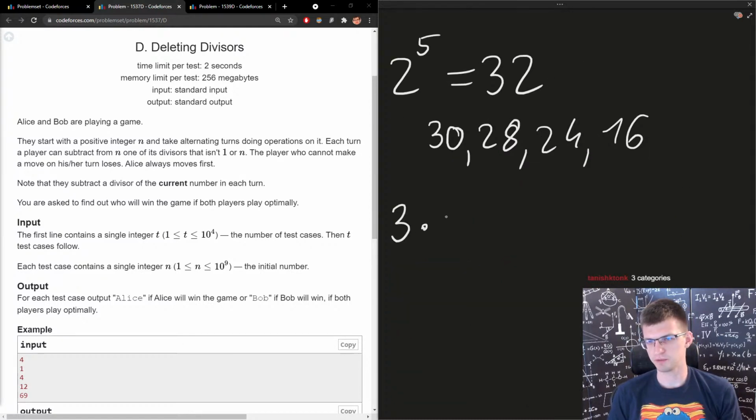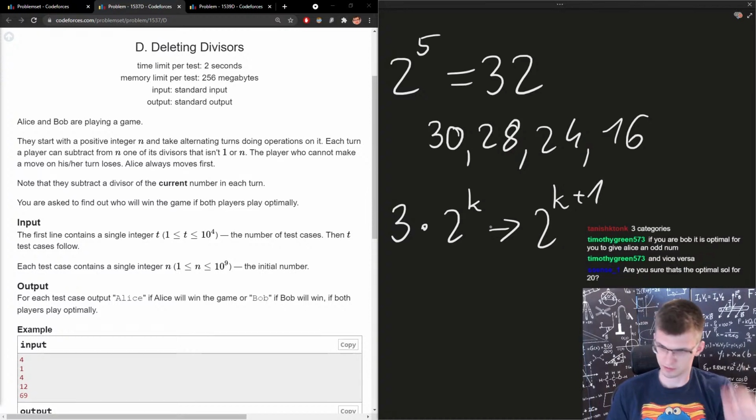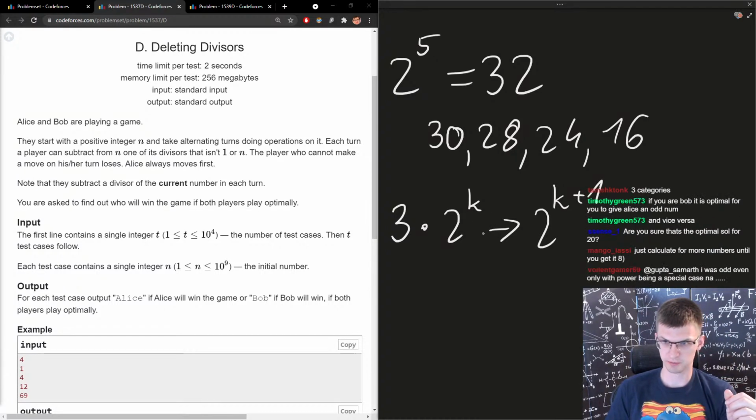If we have 3 times 2 to the power k, then in particular we can get to this power. We can also subtract, this is if we subtract 2 to the power k.